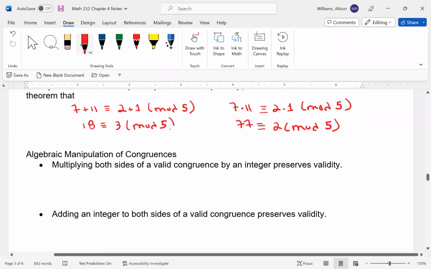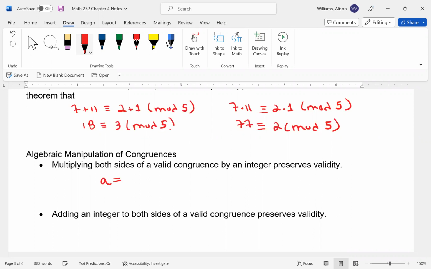So we have some ways of manipulating this. If you multiply both sides of a valid congruence, it preserves the congruence. So in other words, if A is congruent to B mod M, that implies that AC is congruent to BC mod M. I could multiply both sides by a constant.